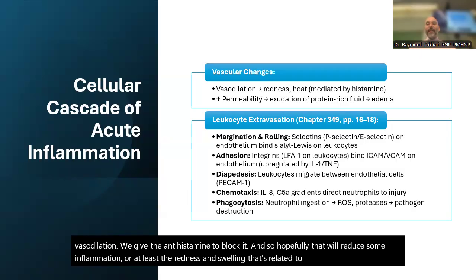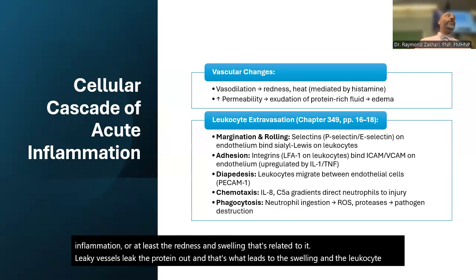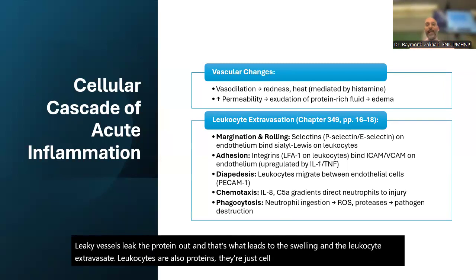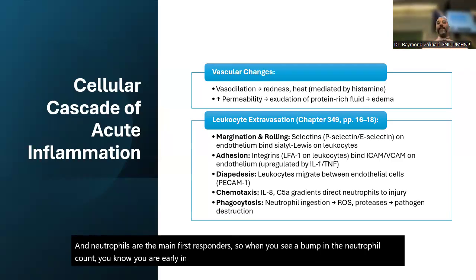Leaky vessels leak the protein out, and that's what leads to the swelling. And the leukocytes extravasate. They're just cell types. And neutrophils are the main first responders. So when you see a bump in the neutrophil count, you know you are early in the immune response phase.